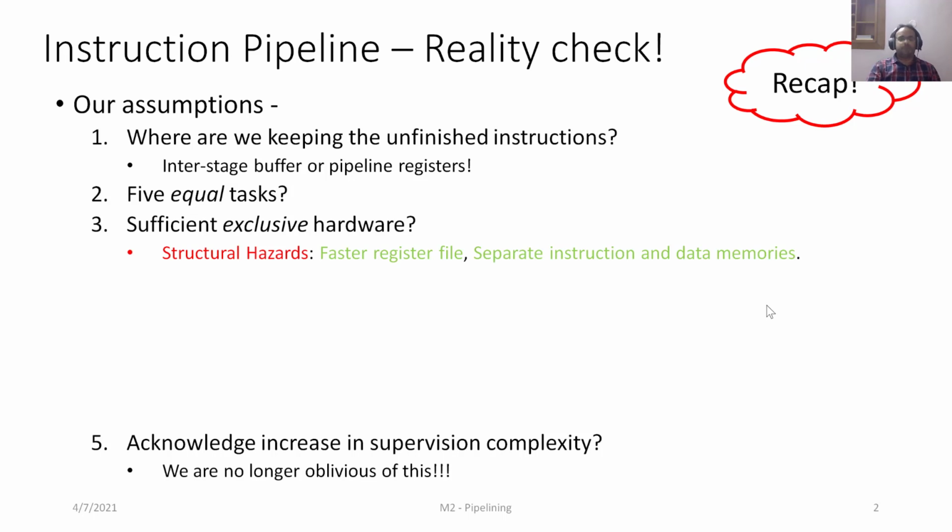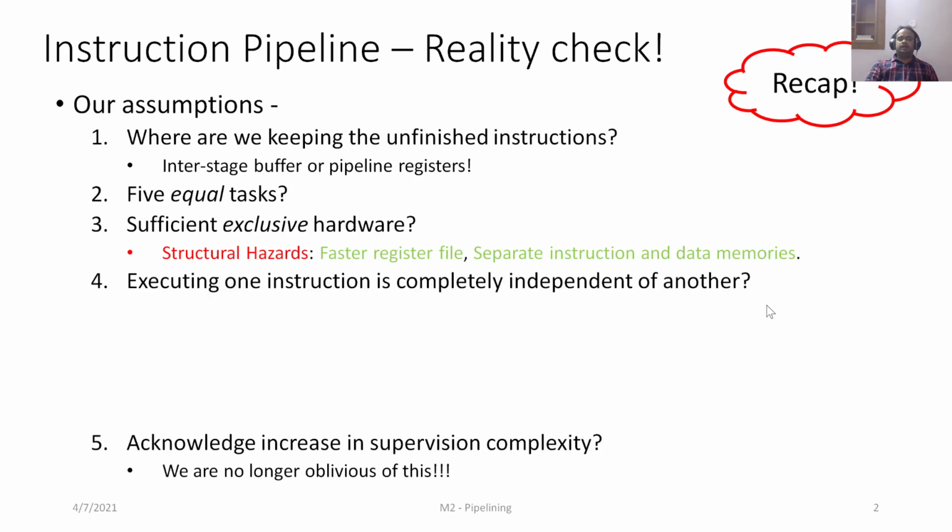And we also understood that we need a lot of extra hardware. The control circuitry, which will ensure the smooth flow of instructions, needs to be much more complicated when compared to a simple non-pipeline version.